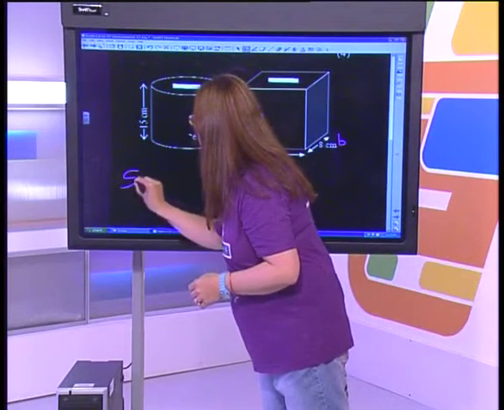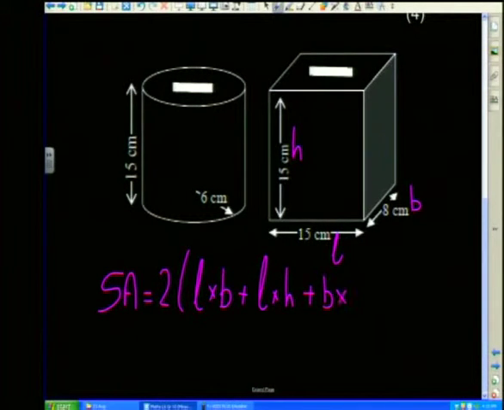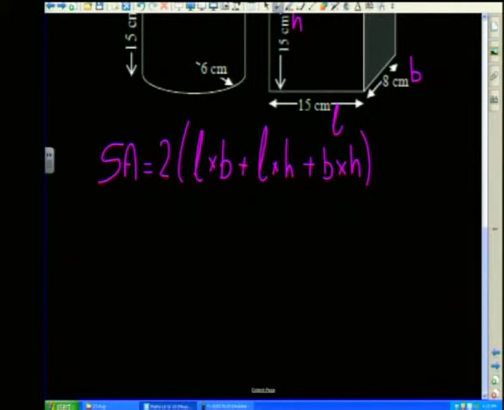So let me use the formula that you were given earlier. That was length times breadth plus length times height plus breadth times height. Let's use that formula and let's get a different color. And we've got our 2 times. Now we're going to substitute.